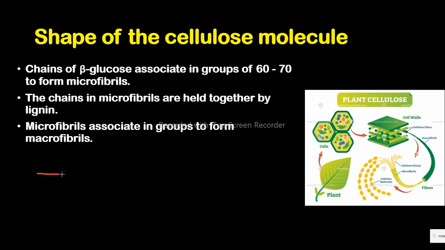You begin with one strand, and the one strand is of glucose molecules. These strands associate together, 60 to 70, to form one fiber, and the fiber is a microfiber because it is small.